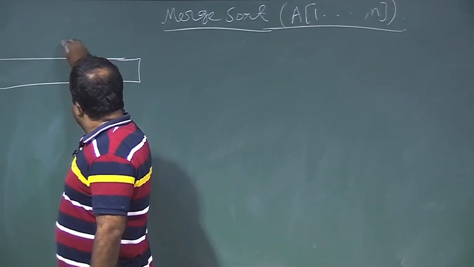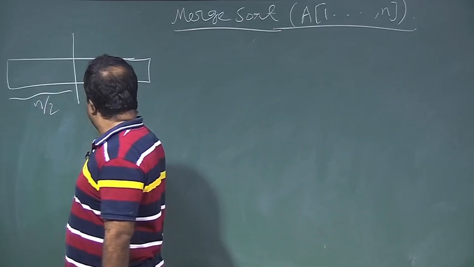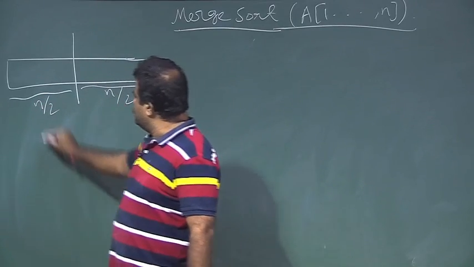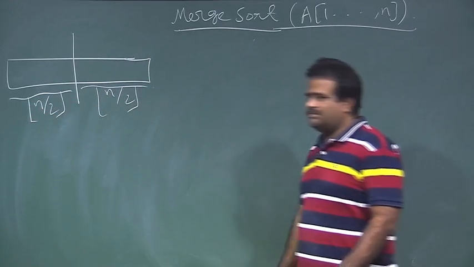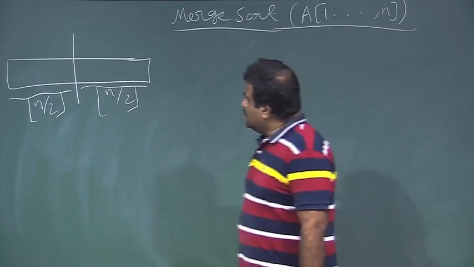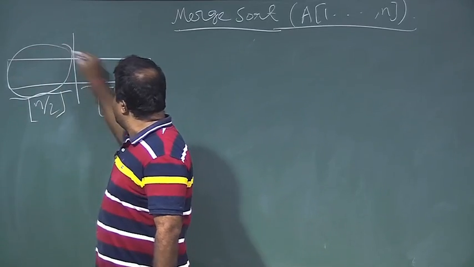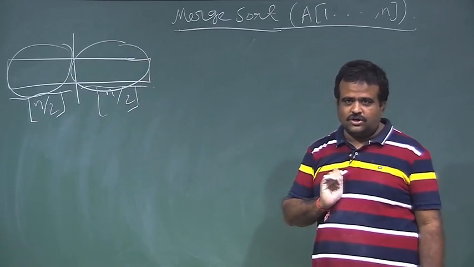What are we doing? We are just dividing the array into two parts, n by 2, n by 2, provided n is even. If n is not even, we must put a floor or ceiling. Anyway, you can be a little sloppy here. Now we have this subarray and this subarray. We sort each subarray recursively by calling the same function, merge sort.